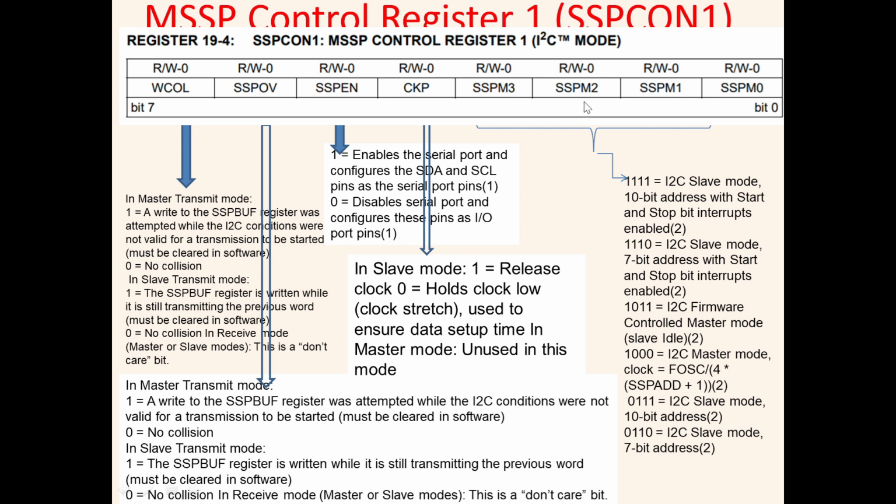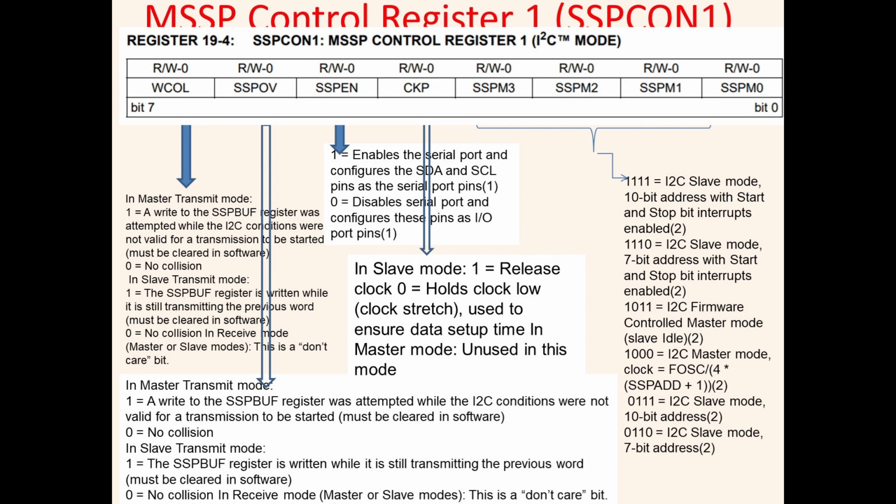If you put these bits as 1110, you are initiating I2C in slave mode with 7 bit addresses. So for the address generation, be it 10 bit or 7 bit, these 4 bits will help you set it.